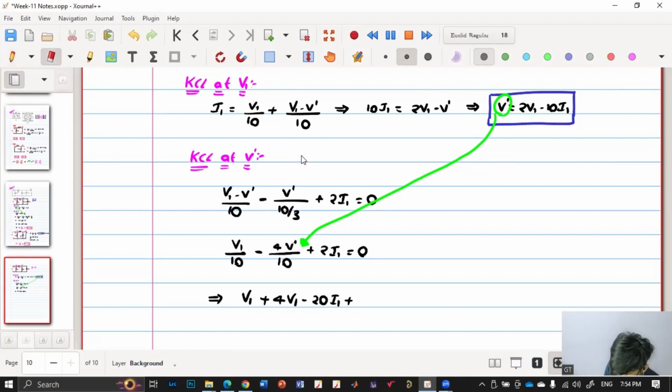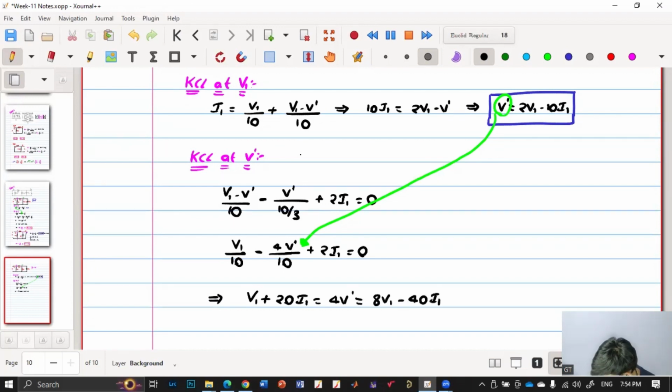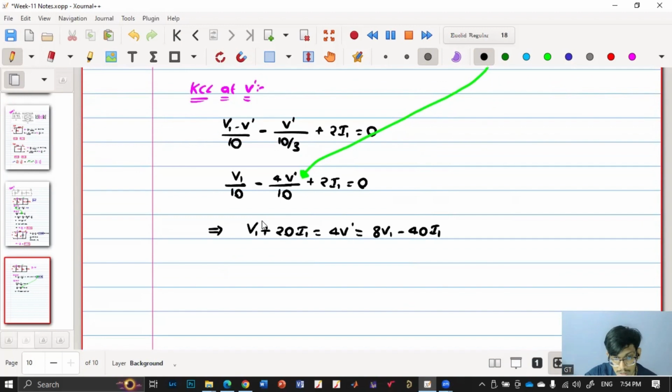Okay. So now let us write this again. So on the LHS side, we have V1 plus 20 I1 equal to 4V dash. And 4V dash is what? 8V1 minus 40 I1. So how much will we be getting? 7V1 is equals to 60 I1.